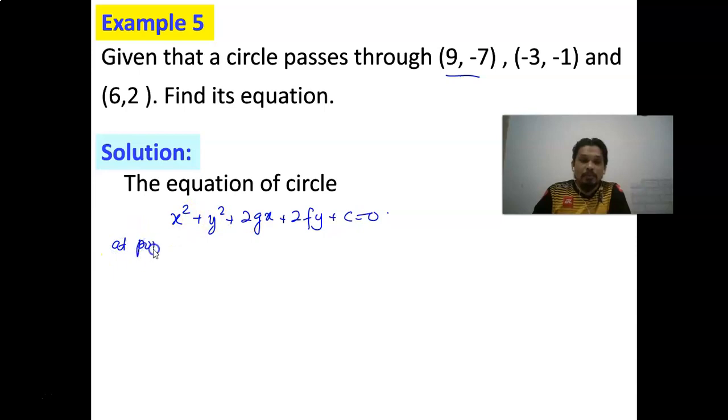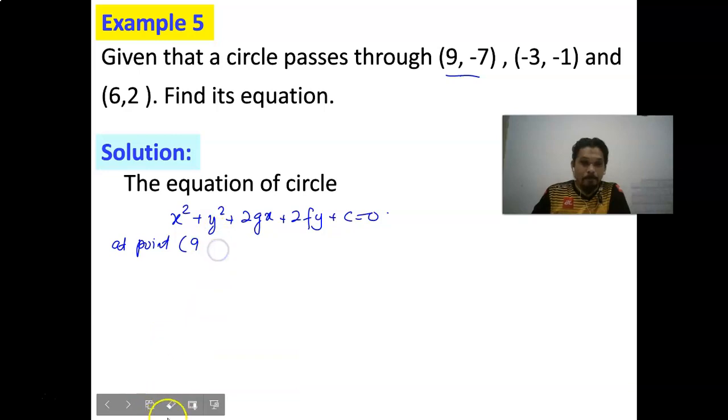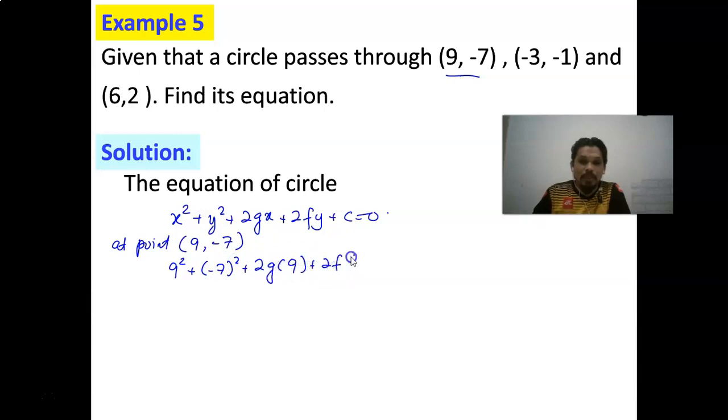At the point (9, -7). 9 squared plus (negative 7) squared plus 2g times 9 plus 2f times negative 7 plus c equal to 0.